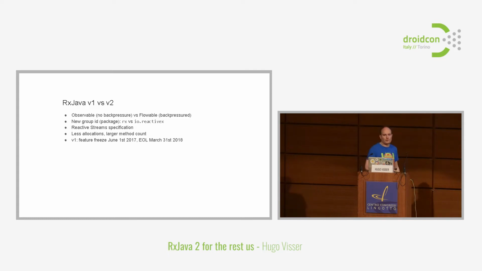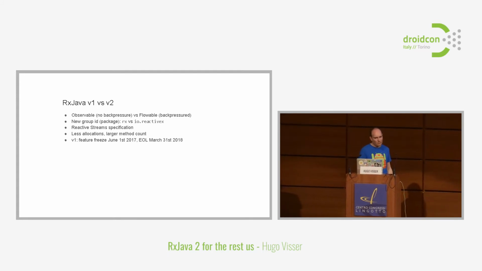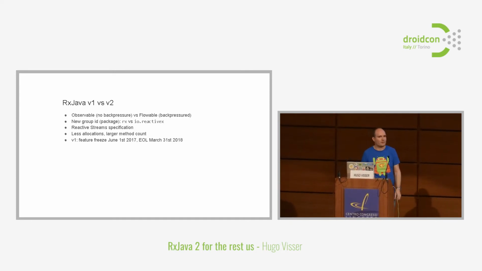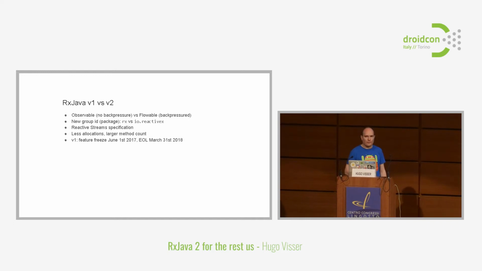RxJava 2 is using a new package ID, so you can use RxJava 1 and RxJava 2 alongside if you want. There's some bridge code as well to do so. I would recommend to switch over if you're already on RxJava 1. It's also modeled to the Reactive Stream specification, which means it's consistent with other implementations of the Reactive Stream specification.